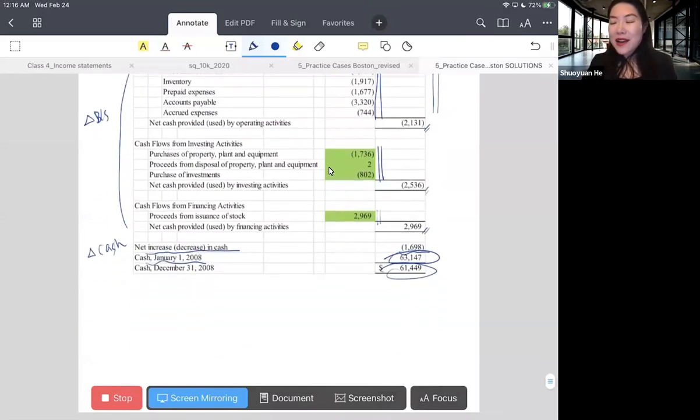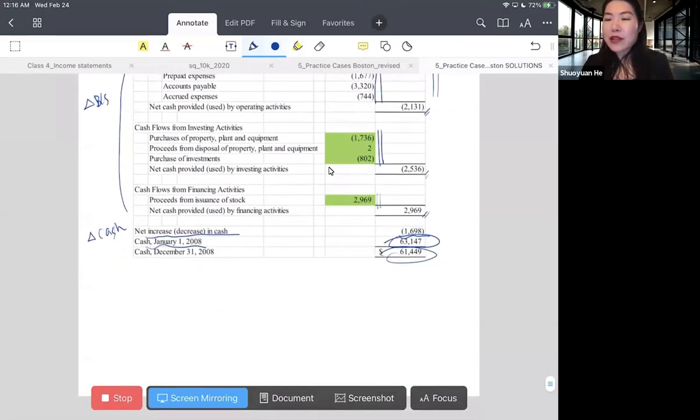So why? If you think about the universe of all of the journal entries, we can only make 7 kinds of journal entries.